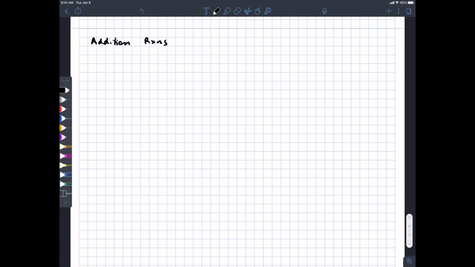Just as we had terminology in undergraduate OChem to talk about SN2 versus SN1, E1 versus E2, there is some terminology for addition reactions. So you'll maybe hear people use this terminology, maybe not, but you occasionally will. So AD is for addition, and then there's multiple versions of addition reactions.